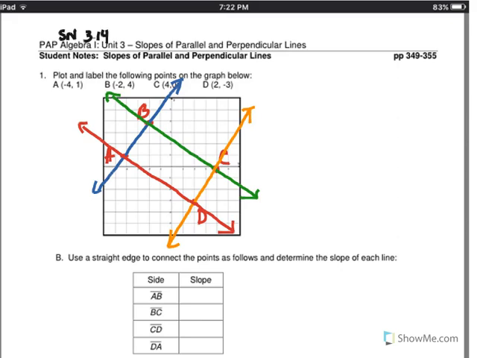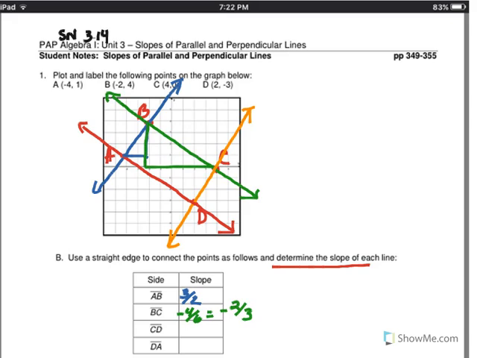And then we are supposed to determine the slope for each line. So let's do that, starting with line AB. And we're going to do the rise over the run. And so on that one, we see the slope is 3/2. On BC, we see the rise over the run is -4/6, and we can reduce that to -2/3.